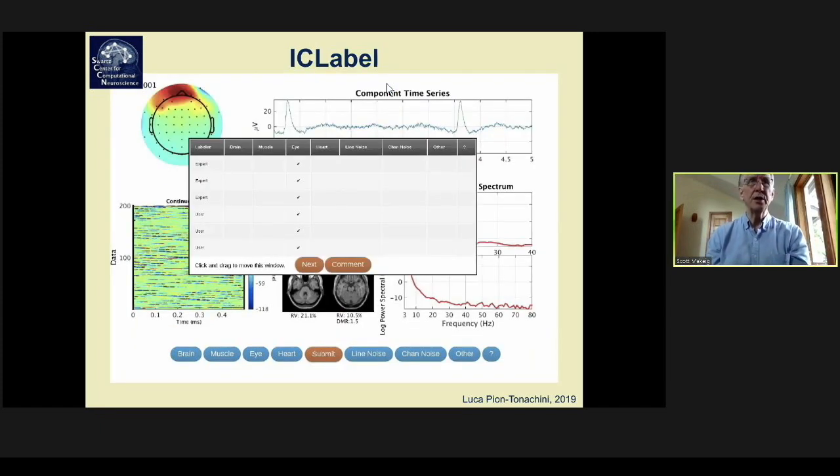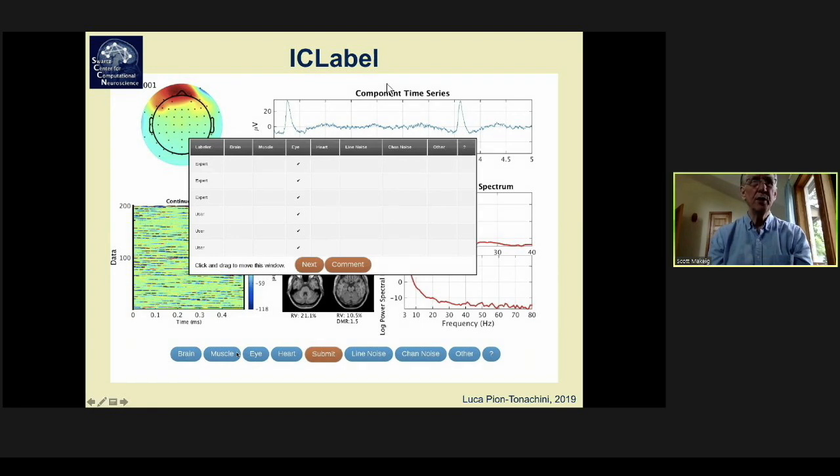So that would be an example like this. If you see these in the time course, you realize these are blinks. So this is an eye. This accounts for activity from the eyes. Frankly, I don't know why this blue channel here, it may be actually mislocalized, because normally we would not see that. It would be bilateral.